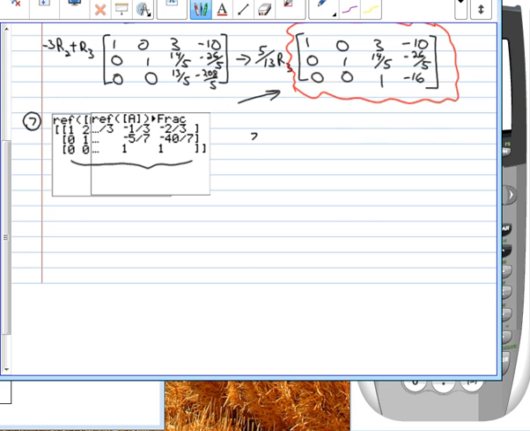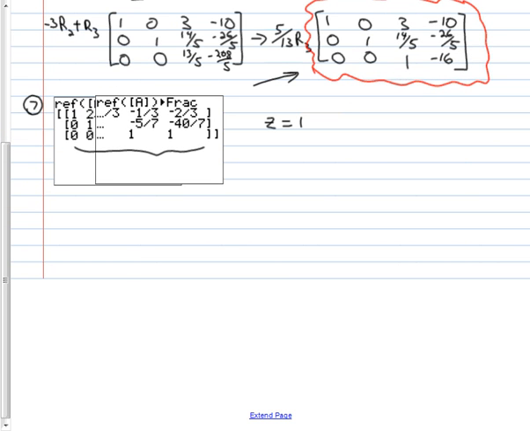Z equals 1. Z equals 1, depending on where you are from, maybe. Z equals 1. Negative 5/7 what? Z. That's 1y. Y minus 5/7 z, which is 1, that's kind of nice, equals negative 47.